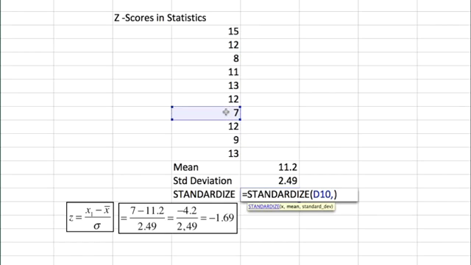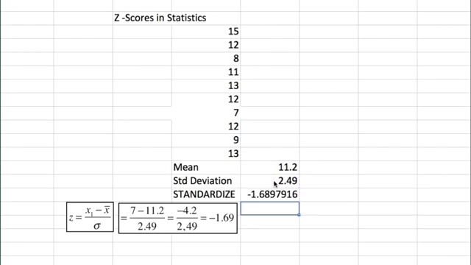And we'll put in a comma and then give them the mean, and we'll again just highlight the 11.2. And then lastly the standard deviation, which we'll highlight as the 2.49. When we enter that, you will see that it returns a result of negative 1.6897, which would round, of course, to negative 1.69, the same as we got when we used the manual formula.